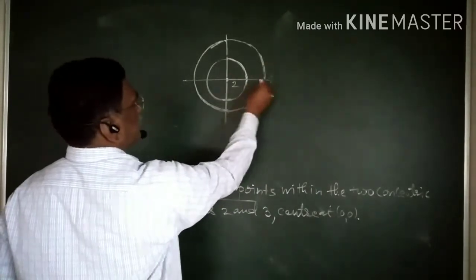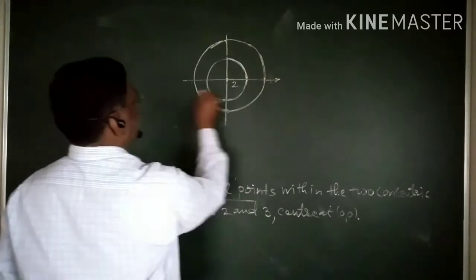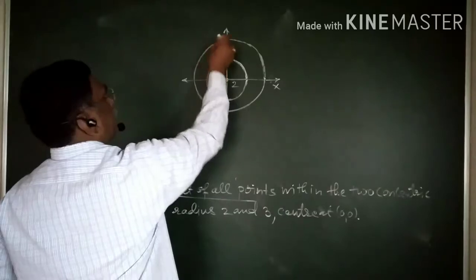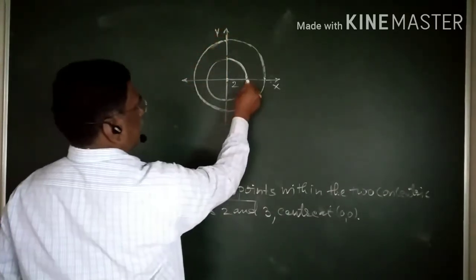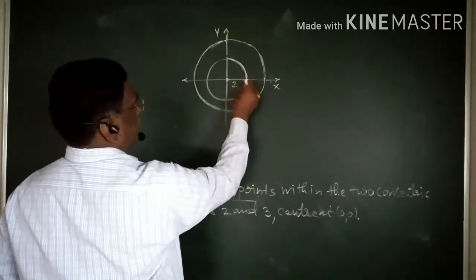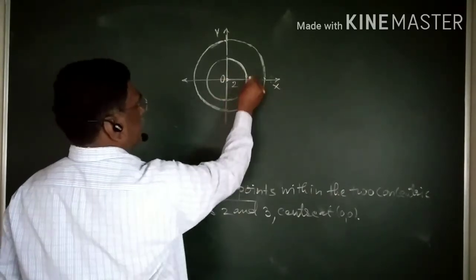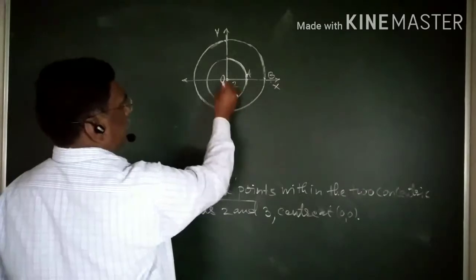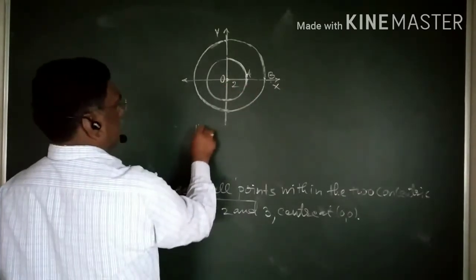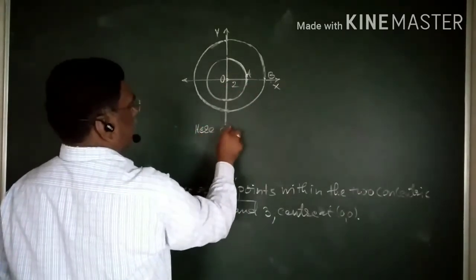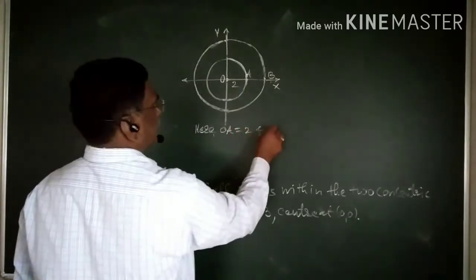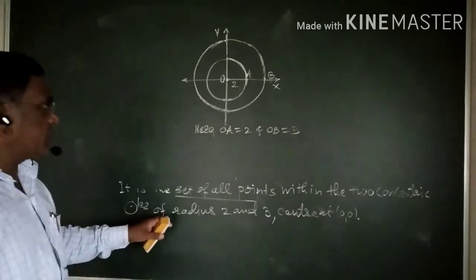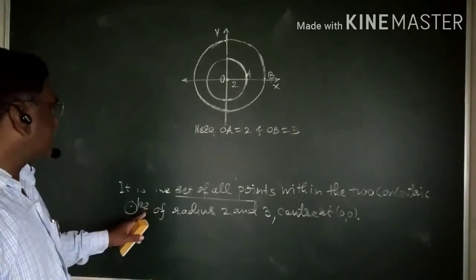This is the x-axis, this is the y-axis, this is the origin, this is A, and this is B. Here, OA is 2 and OB is 3.